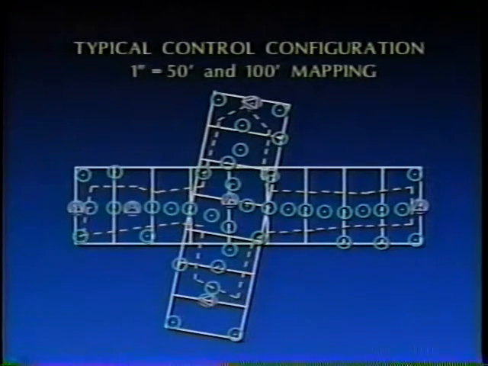Pre-marks with vertical control set at 450-foot intervals within 250 feet of the flight line. Common horizontal and vertical pre-marks may be used where 2 or more flight lines join to save field costs. Common horizontal and vertical pre-marks may also be utilized between parallel flight lines.